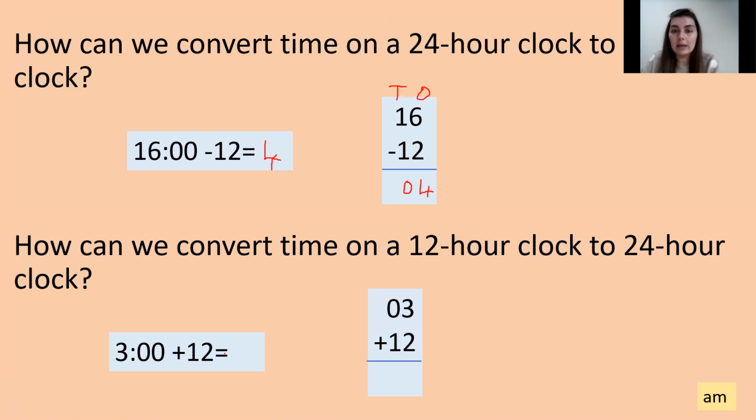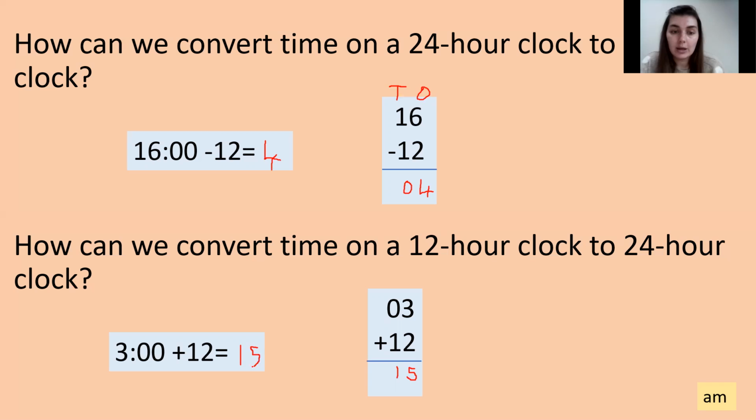And again, I'm sticking with my column method to do this. So to start off with, 3 add 2, I know some of my number bonds, so I know that 3 add 2 is 5. And then I've got 0 take away 10, which is still 10 because I haven't taken anything away. So my answer for here is 15.